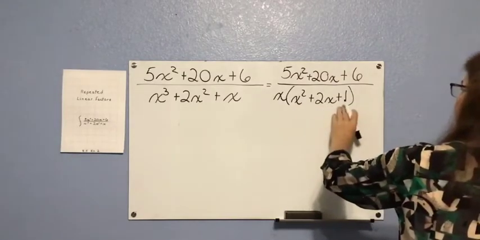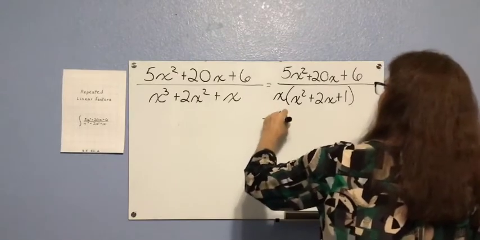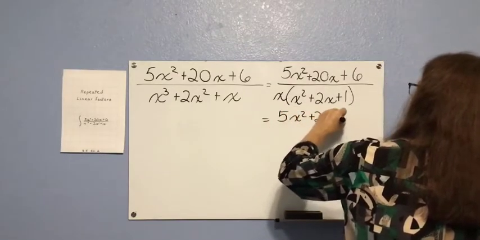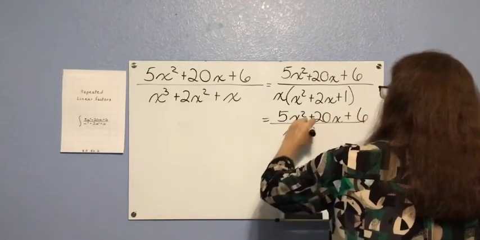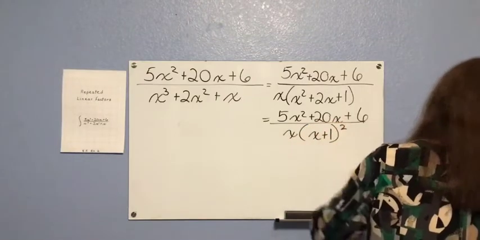And now I see that this also can be factored. I'm going to write this as x times x plus 1 squared.